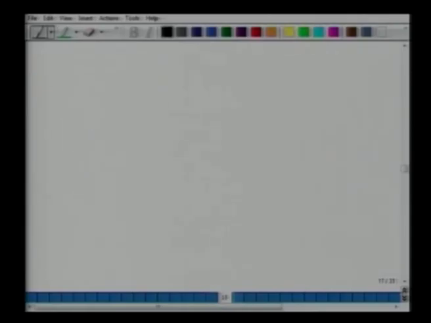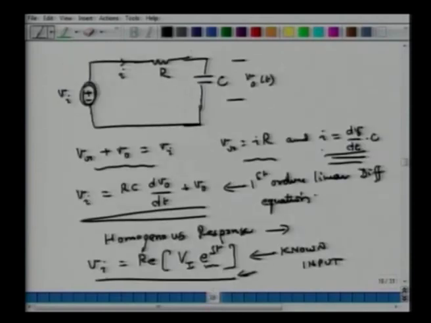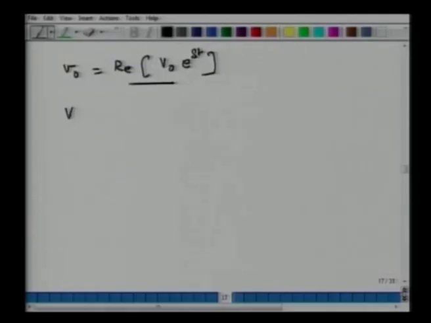So I can assume that V naught is the real component of a complex time signal V naught e^st. Now I take this relation and the relation for V naught and plug them into this entire equation. So what I get is Vi e^st equals RC times d over dt of V naught e^st plus V naught e^st. Now I differentiate and do the math.